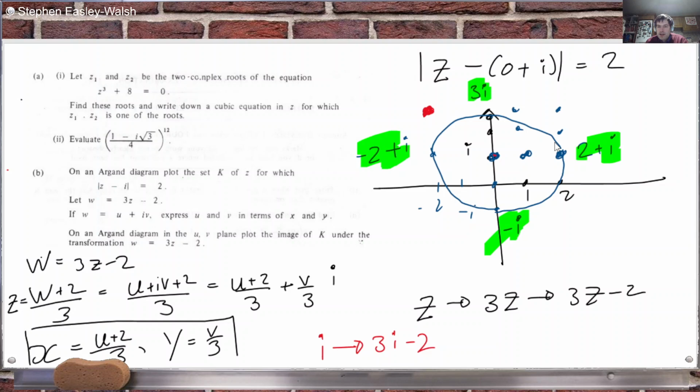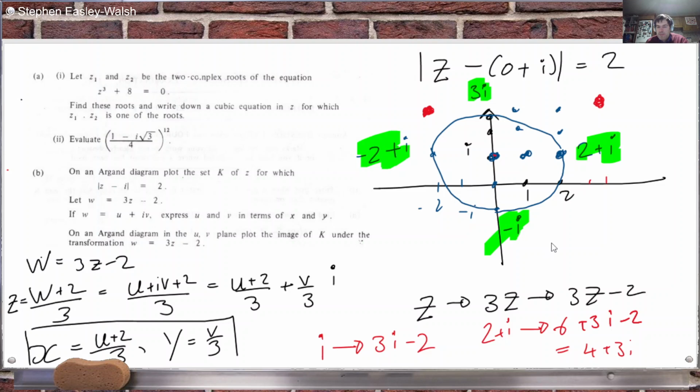And then let's take the 2 plus I. So the 2 plus I, that would become 6 plus 3i minus 2, which is equal to 4 plus 3i. So that's been moved there.